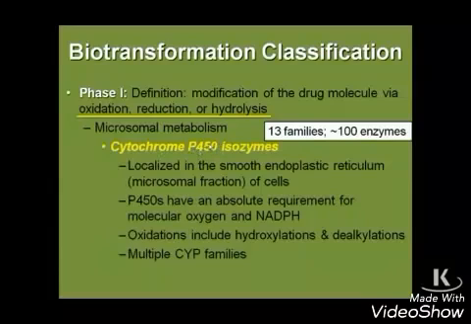Now, cytochrome P450s are found in the smooth ER. We call that the microsomal fraction. P450 enzymes have an absolute requirement for oxygen and NADPH. A lot of these reactions are oxidations, which include hydroxylations and dealkylations. And of course, there are many of these families, as I've indicated up here.